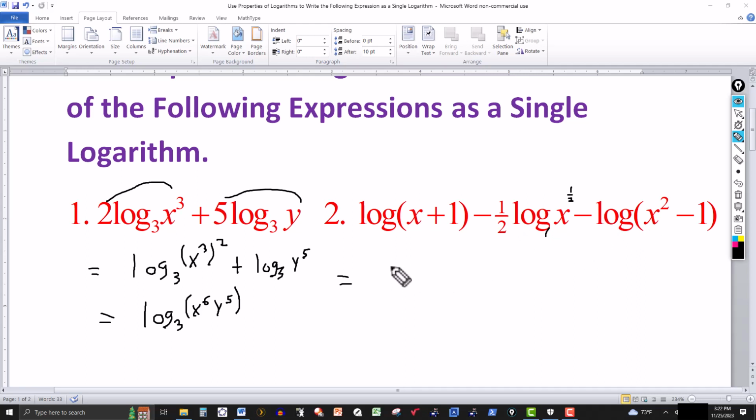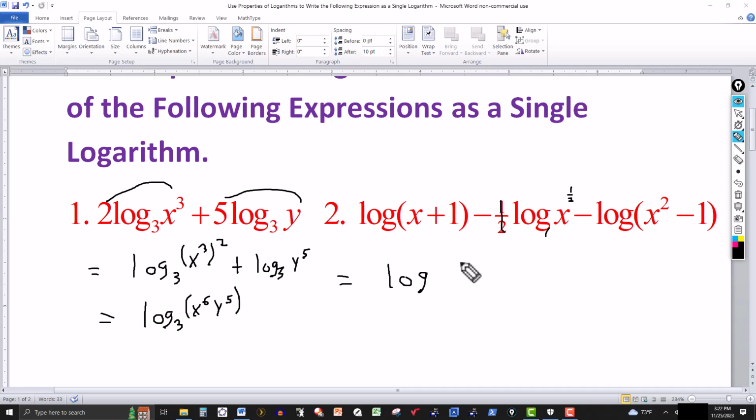So this becomes then the log. This will be just a minus there. Brought the 1/2 over. So I have the log of x plus 1 minus the log of x to the 1/2. So that goes to the denominator as you saw over here. Here it's a plus, so it's a product. If this had been a minus right here for the first one, then I would have the y to the 5th in the denominator.